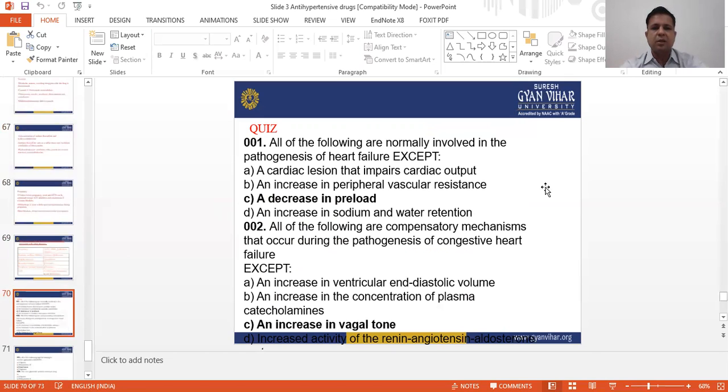The correct answer is C, a decrease in preload.